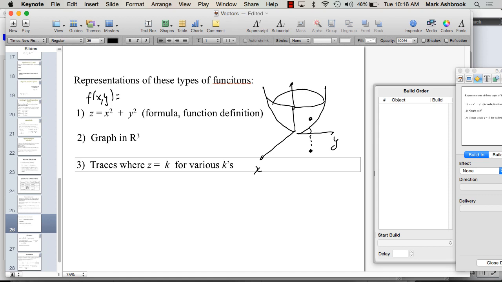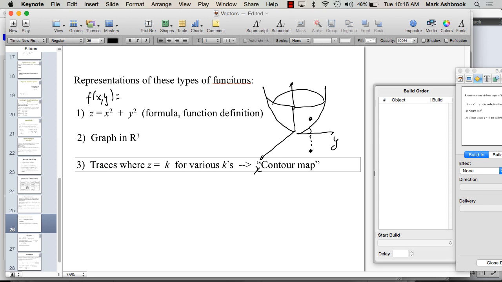Remember doing traces? In particular, you want to do traces for z values, and then you get what's called a contour map. It's like taking all those z traces and putting them in the xy plane, and you get a contour map.